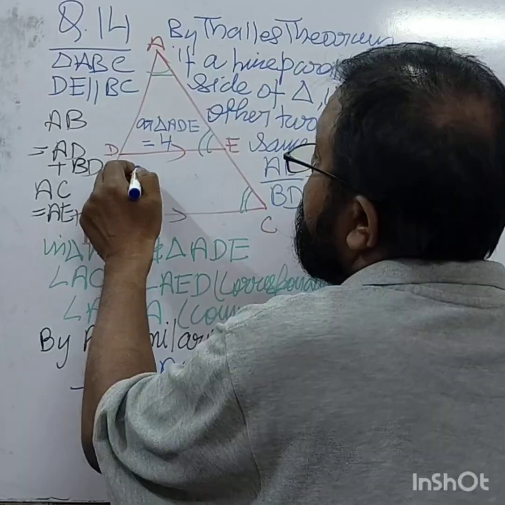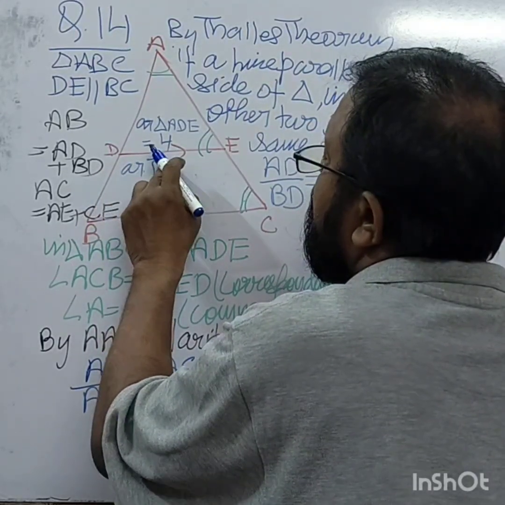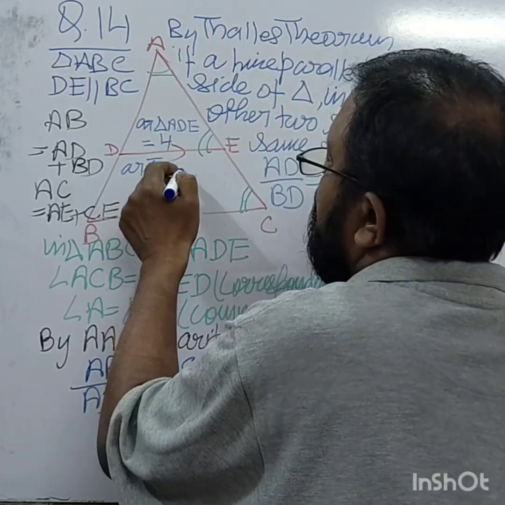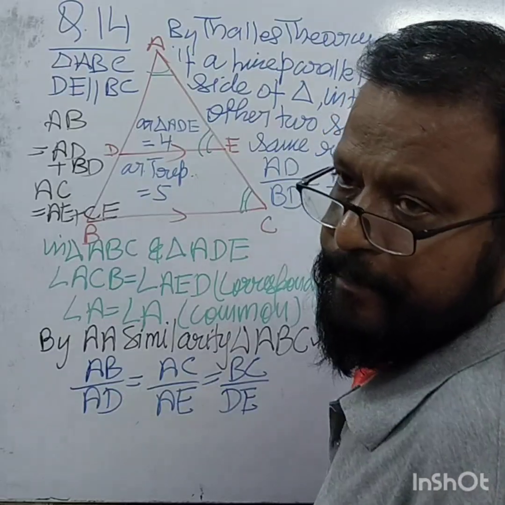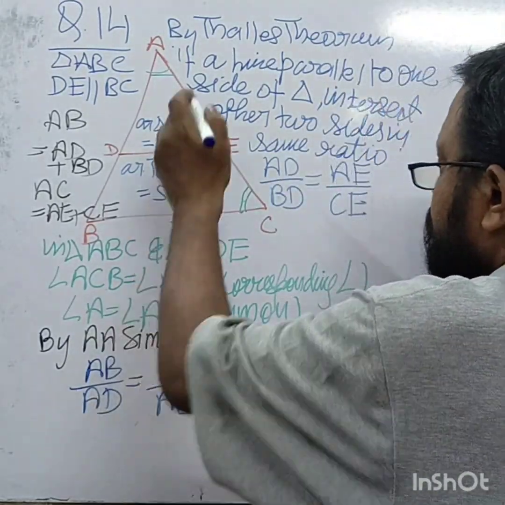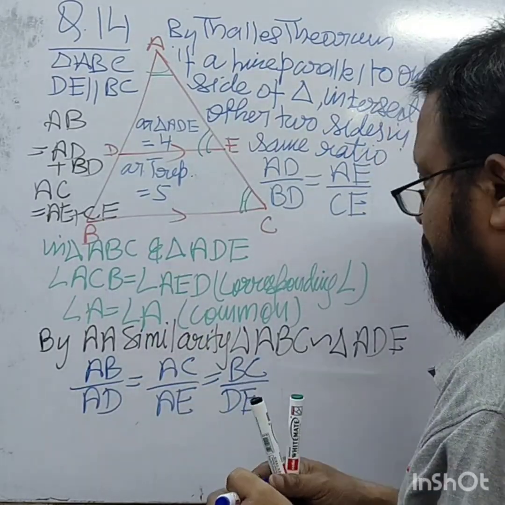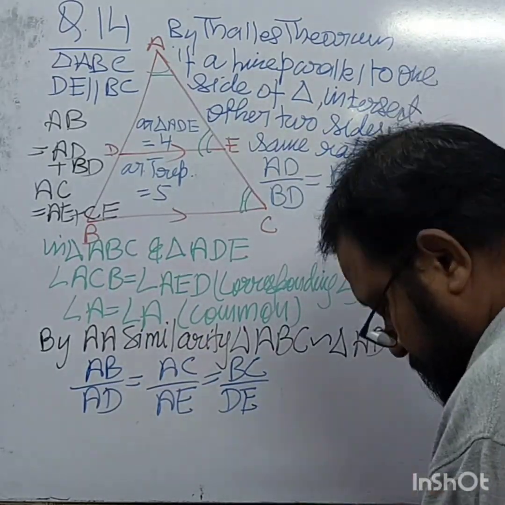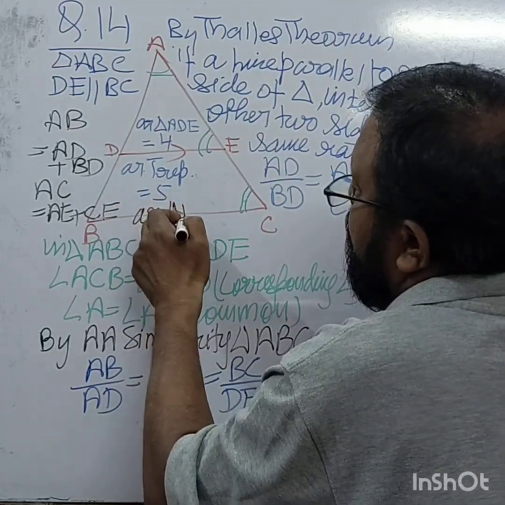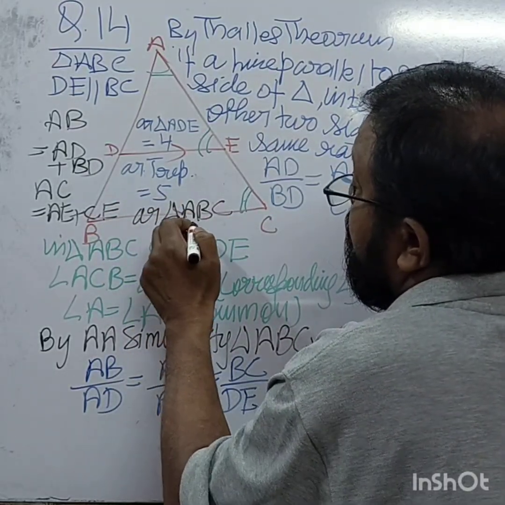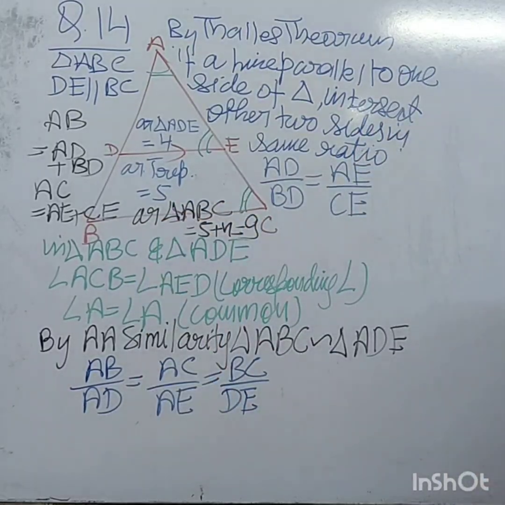And area of the trapezium is say 5 units. Right? So area of triangle ABC is how much? Area of triangle ABC is equal to 5 plus 4 becomes 9 units. Right?